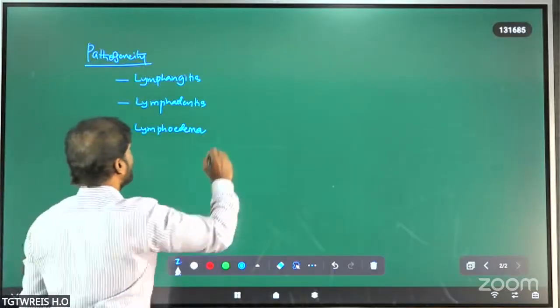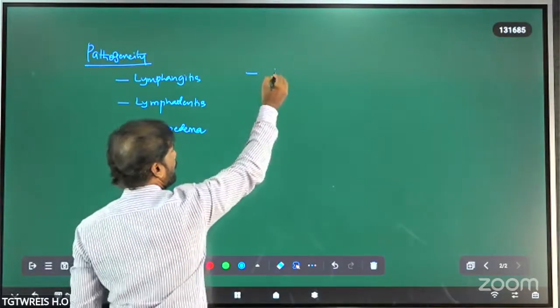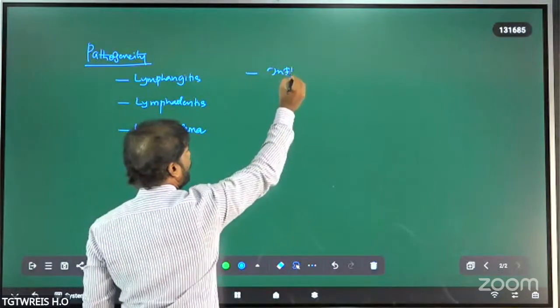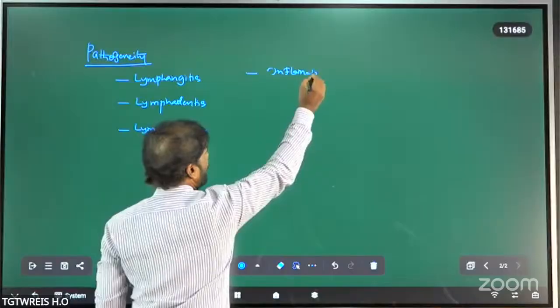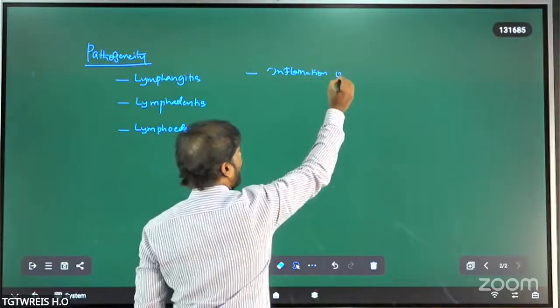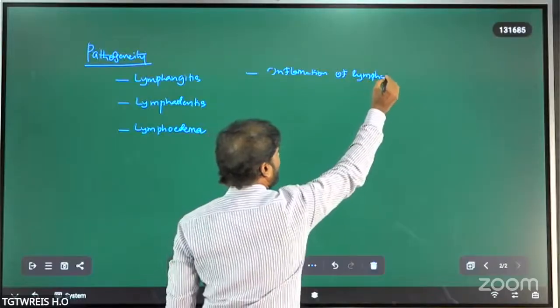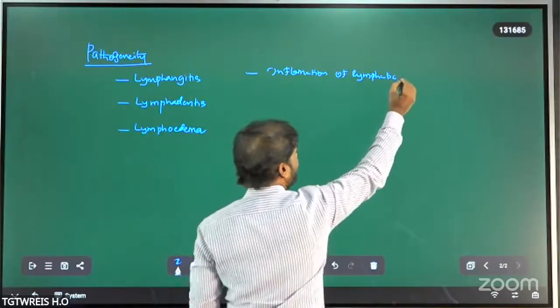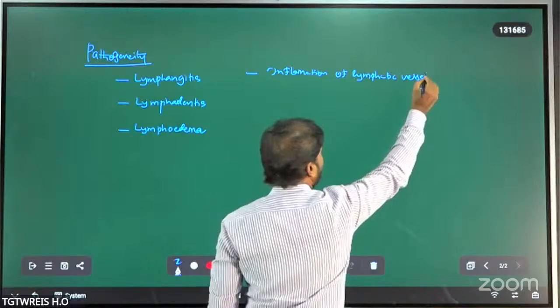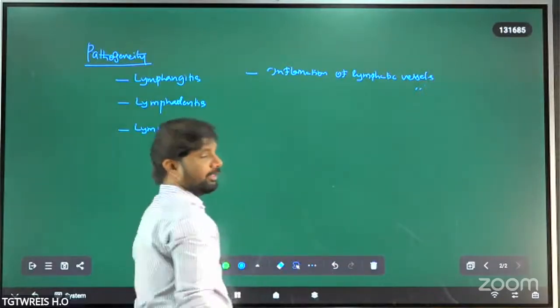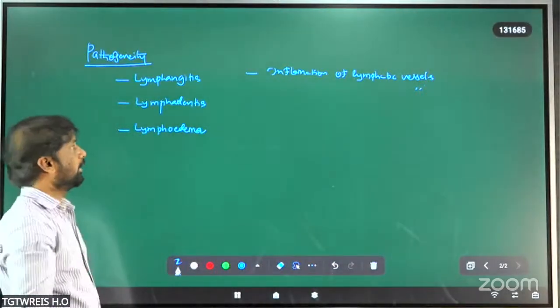Right now, lymphangitis means the inflammation of lymphatic vessels. Inflammation of lymphatic vessels is known as lymphangitis.